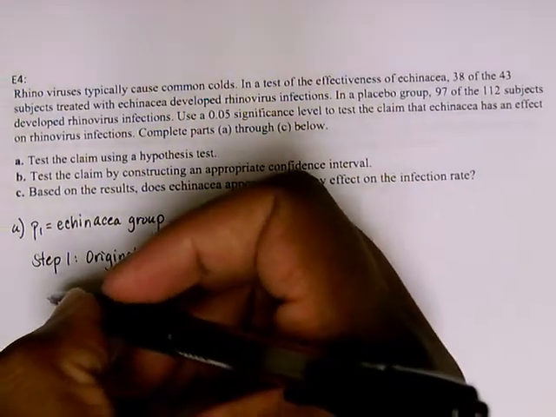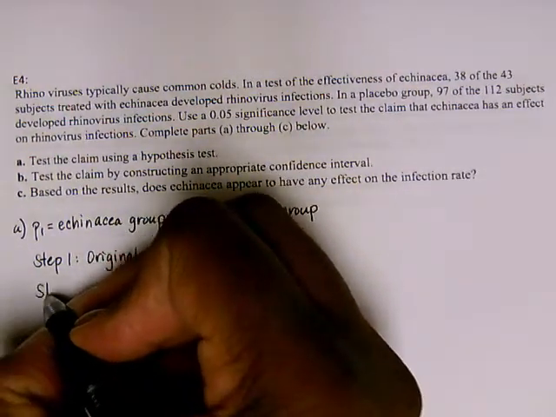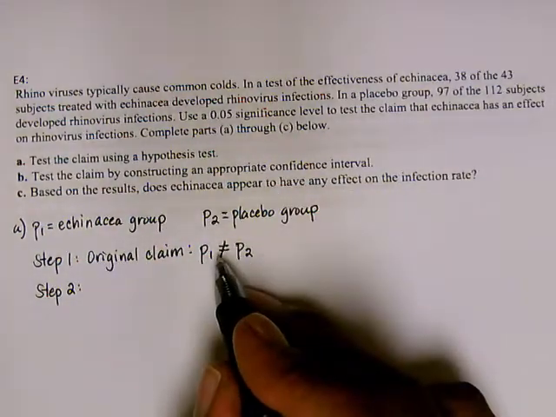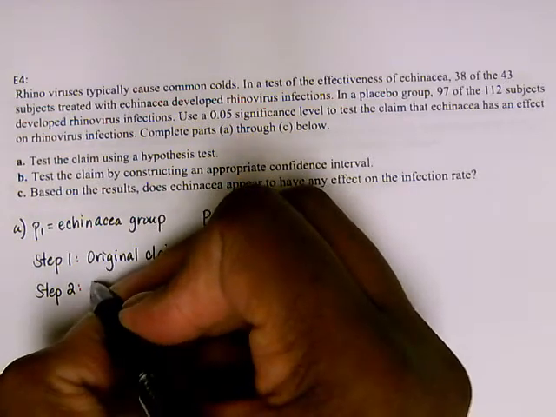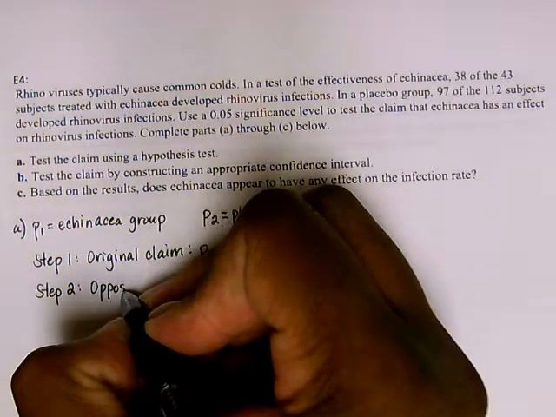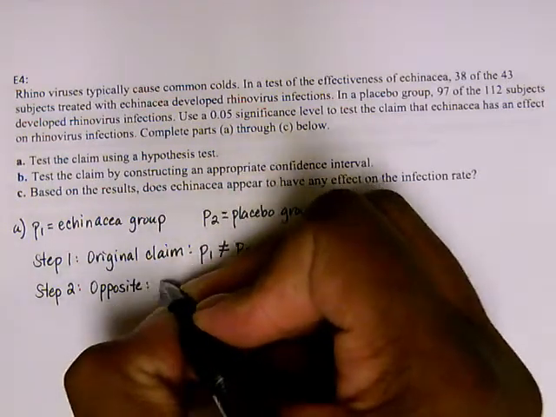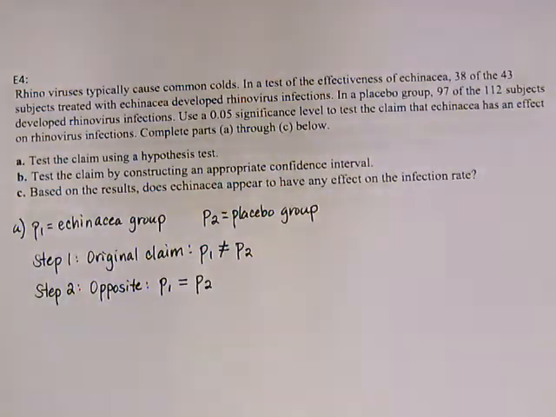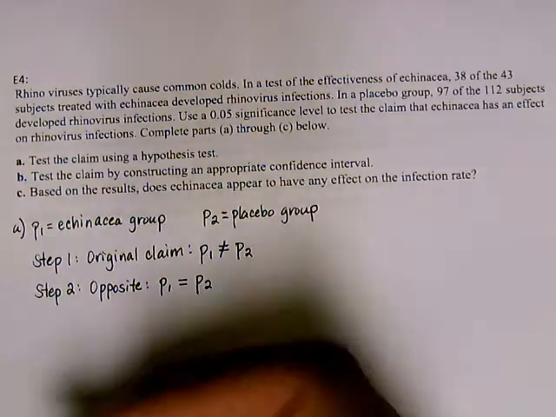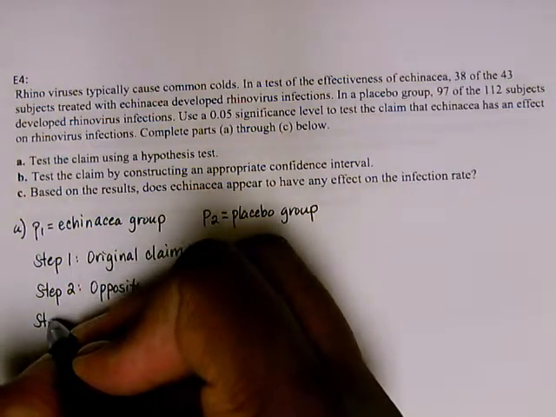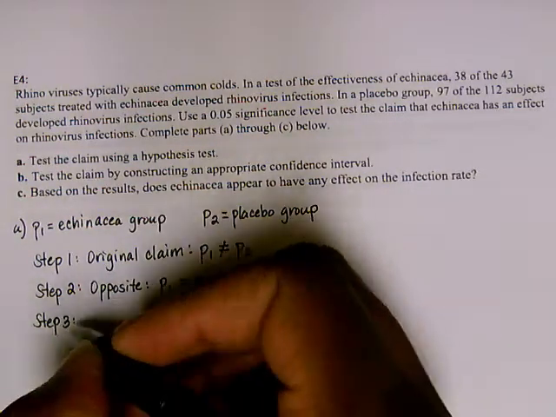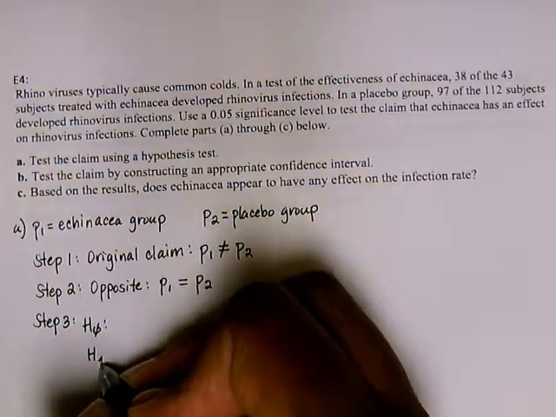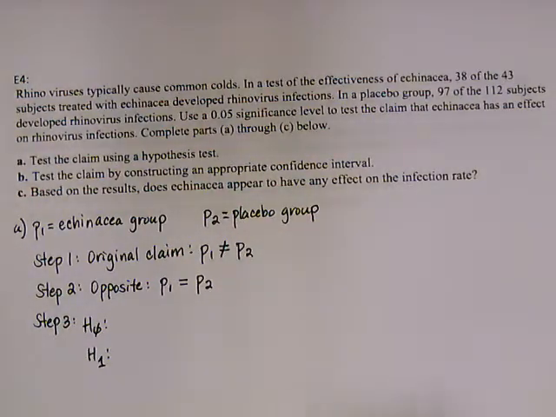And then step number 2 is writing the opposite of the original claim. The opposite of not equal to will be equal to, so the opposite is P1 equals P2. And from that we can write our null and alternative hypotheses, which is step number 3.